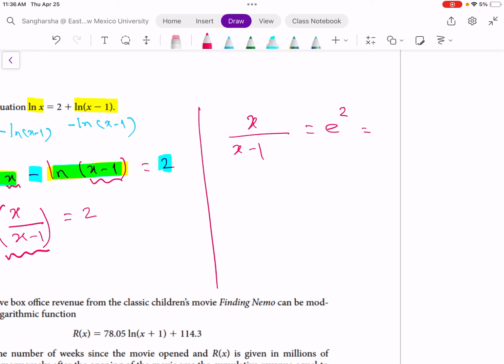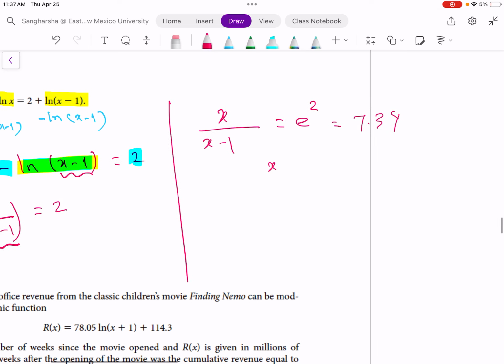Or if you want to leave it as e squared, you can. What is 2.718 squared? 7.34. So we have this rational equation. Let me write one more time: x over x minus 1 equals to 7.34.